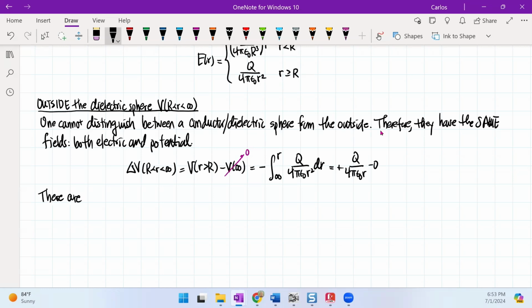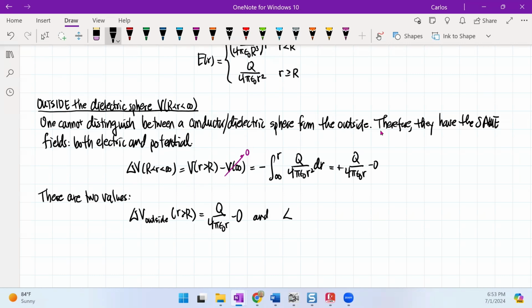So we know that there are two values here. One of the values is that if I'm on the outside, then I have little r bigger than big R, and we know that this has to be Q over 4 pi epsilon r, minus 0.